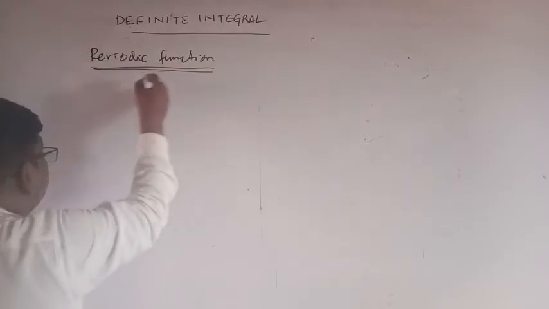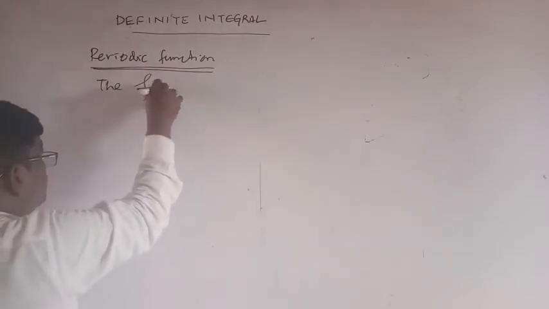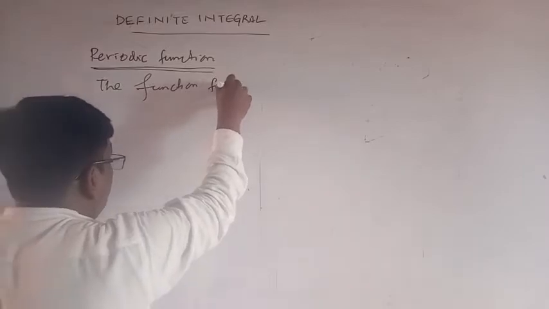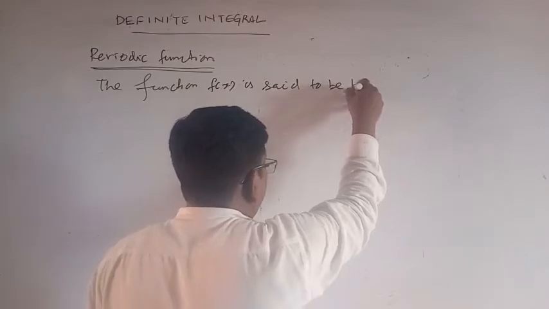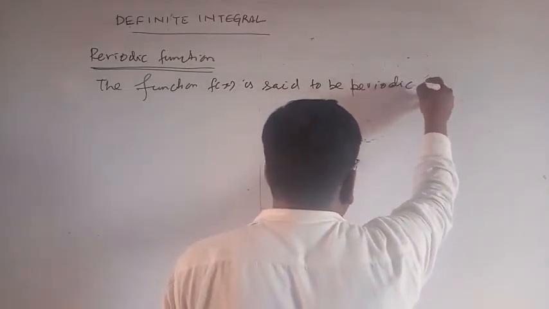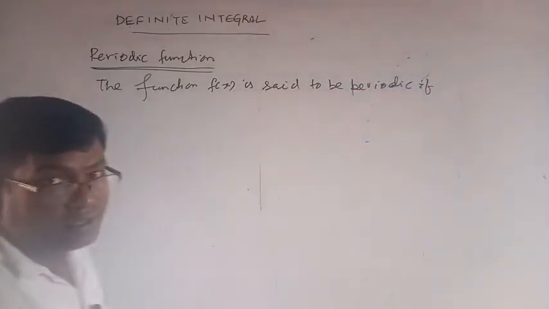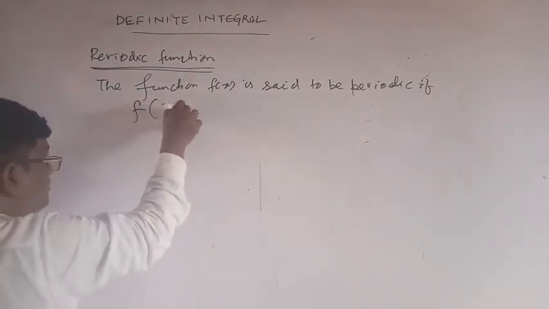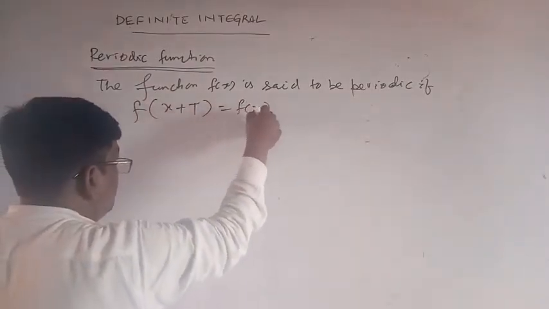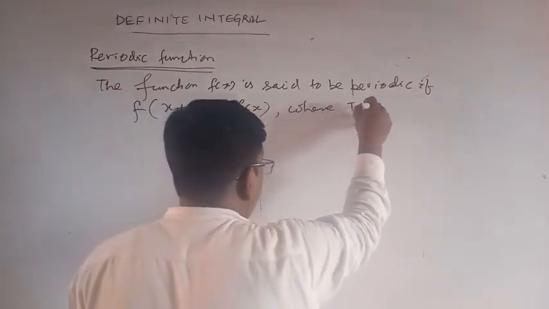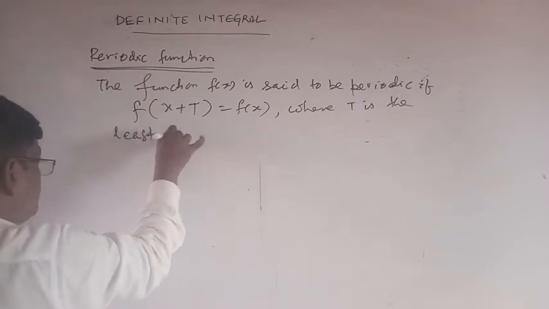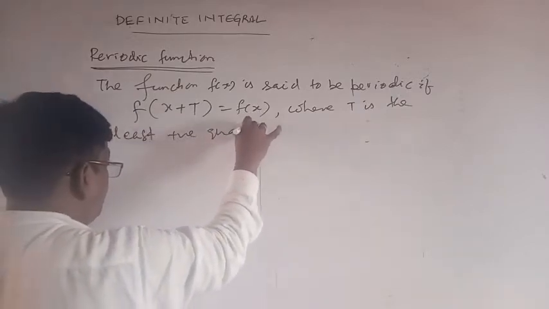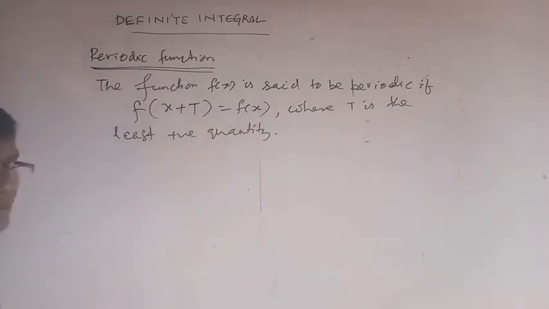The function f of x is said to be periodic if f of x plus t is equal to f of x, where t is the least positive quantity. Okay, where t is the least positive quantity.